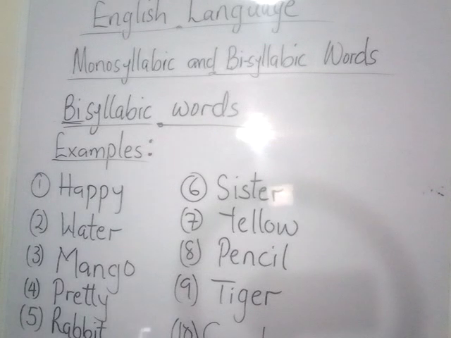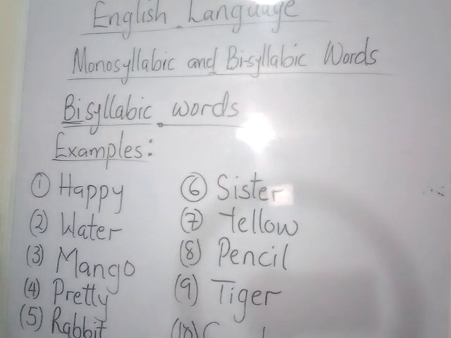Now, I hope with the examples of bisyllabic words we looked at, we can now easily see the difference between these words that have two syllables and the first set of examples we looked at, those that have just one syllable, like sun, man, get, give. You can see that they have just one unit of sound.